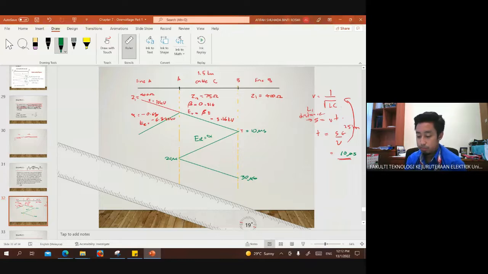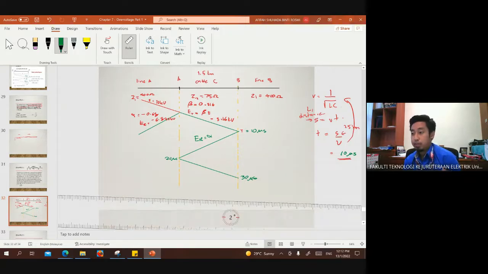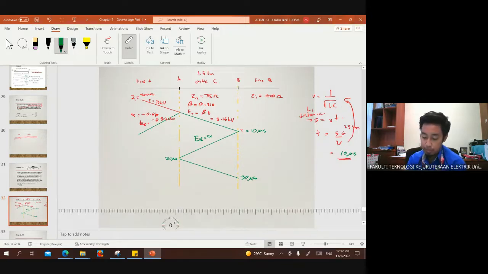Okay. So nanti kita nak dapatkan dia punya nilai dia, kita nak dapatkan E total dia. E total selepas daripada 20 microsecond, you akan dapat E total dia sama dengan 3.16 kV plus dengan value E reflection 1 and then plus dengan E reflection 2.